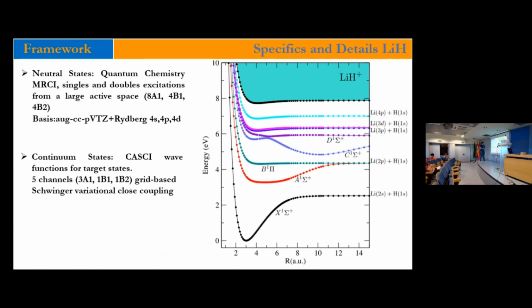And for the continuum state, we do a CASCI for the cation states using the orbitals of the neutral. You can choose other kinds of orbitals, but this is the best approximation. And we perform a cross coupling just to impose the correct boundary conditions on the scattering wave function.